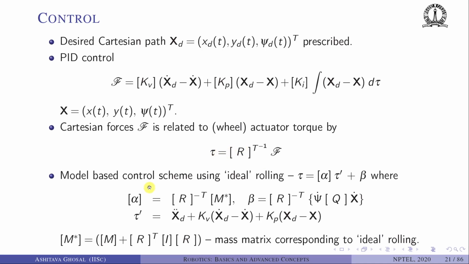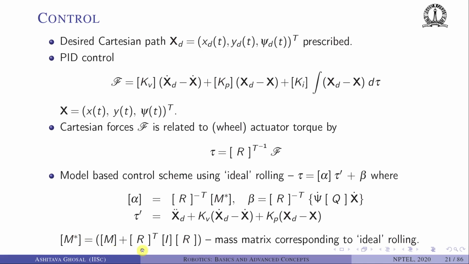We can also have a model-based control using ideal rolling, which is tau equals alpha tau prime plus beta, where alpha is this R transpose inverse M star. M star was that mass matrix. Beta is R inverse transpose psi dot Q x dot, and tau prime is this PD controller scheme.